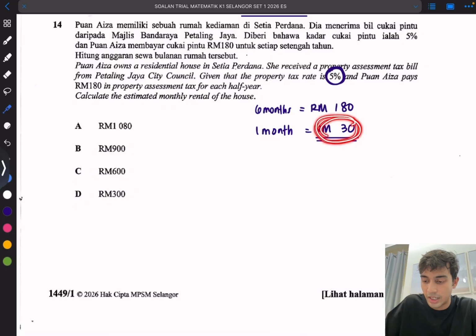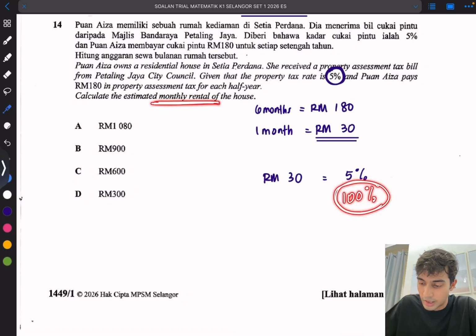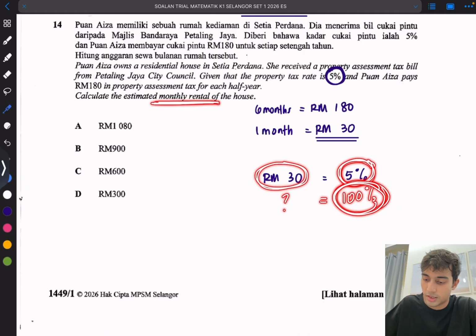So we can say 30 ringgit is 5%. So if you want to find out the monthly rental of the house, we need to find the 100%. Because from the rental, she pays 5% for tax. And this 5% represents 30 ringgit. So 100% represents what? Okay.